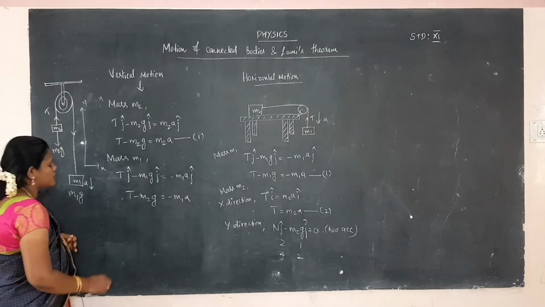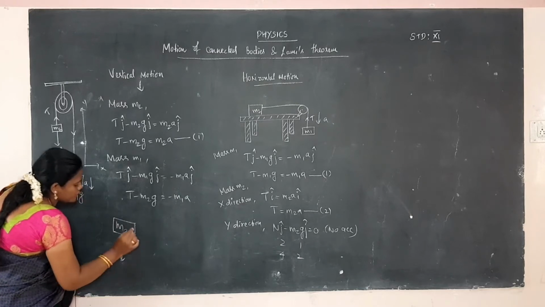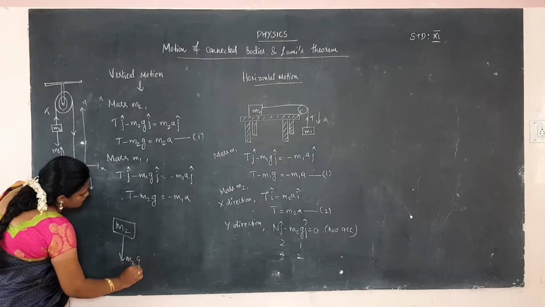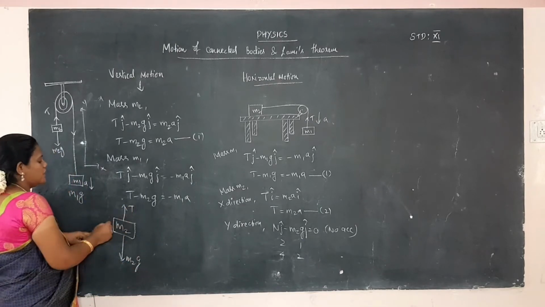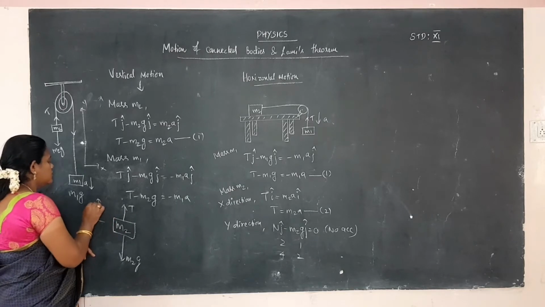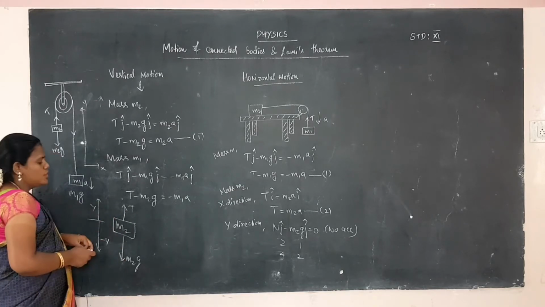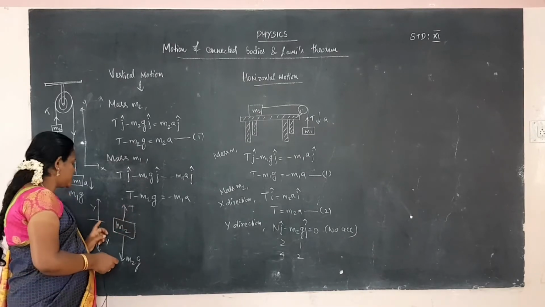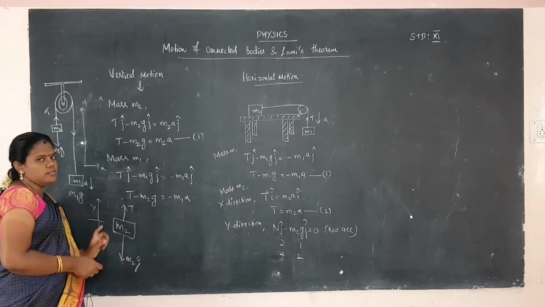What are they? The downward gravitational force, m2g, and the tension. Tension is in the positive y direction and the gravitational force is in the negative y direction. So T j cap, and minus means the negative y direction.